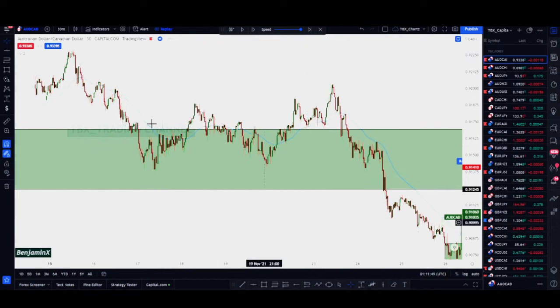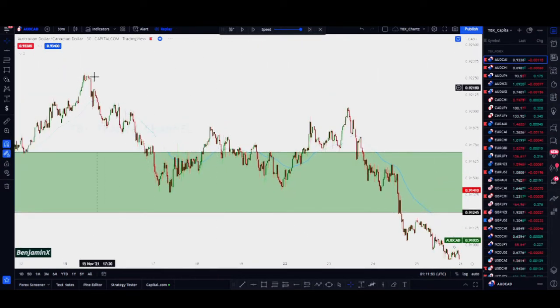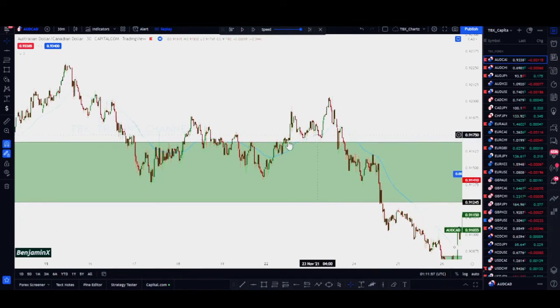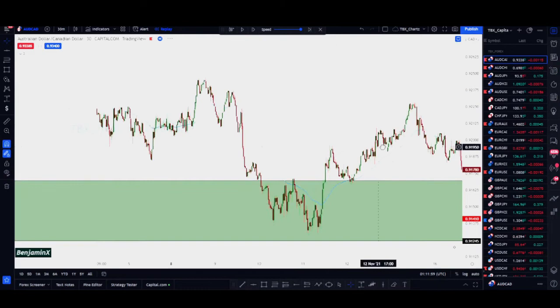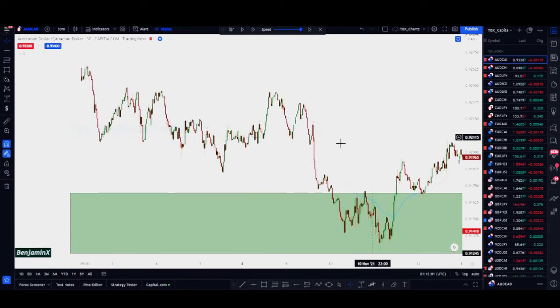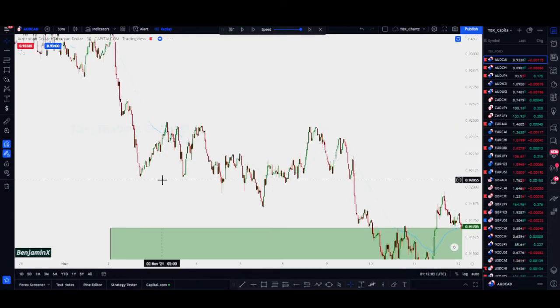You find out that after price broke structure, it consolidated a little bit. Let's go to the past. Look at it. After price broke structure, let's say price broke structure right here.